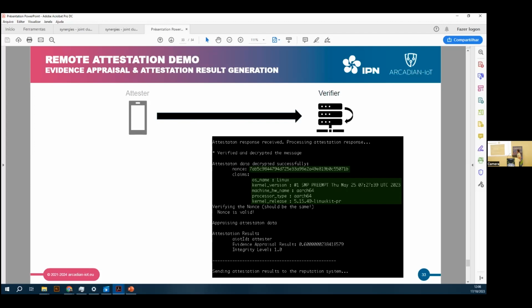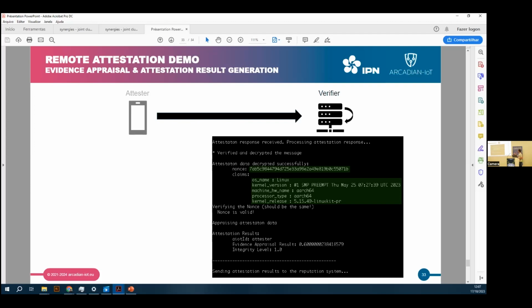Again, there is the nonce and now the claims reported. The next step is to verify if the nonce is the same as the one that it sent in the attestation request. If that's valid, it proceeds to the appraisal of the claims according to the reference values that it has and their associated policies.